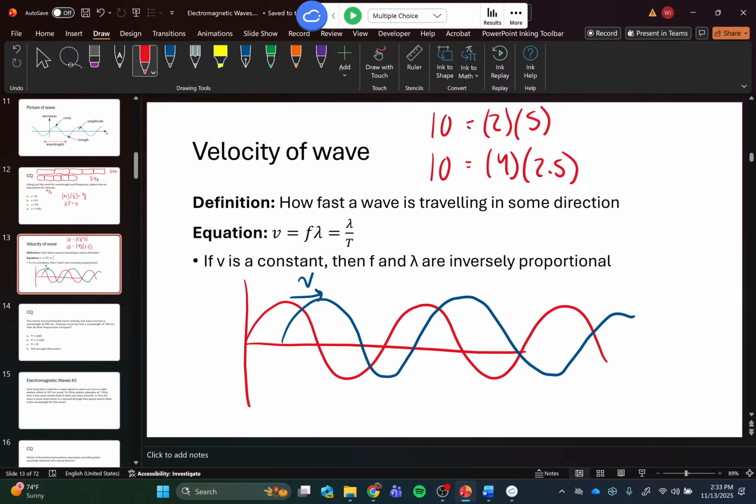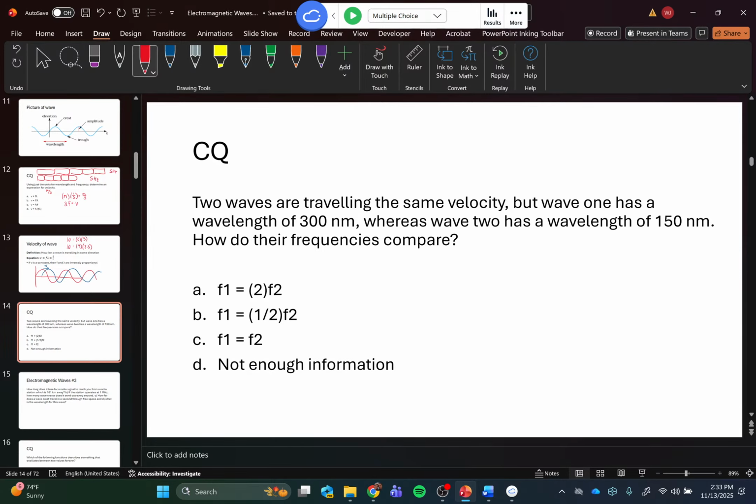So that's why that's relevant for us. So great. Let's see if that makes sense. See if y'all can put this together. Two waves are traveling at the same velocity. One has a wavelength of 300 nanometers, which is a little bit lower than green light, I believe. Need to fact check myself on what wavelength of light that is. Wave 2 has a wavelength of 150 nanometers. I think that's like ultraviolet. How do their frequencies compare?